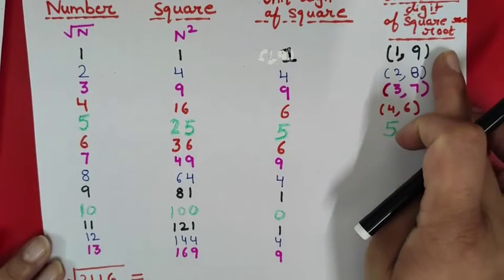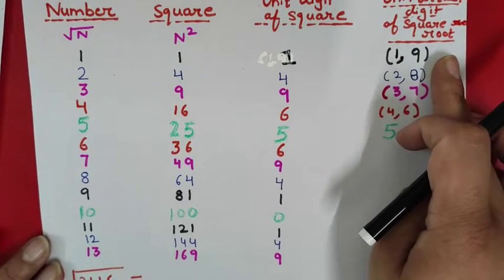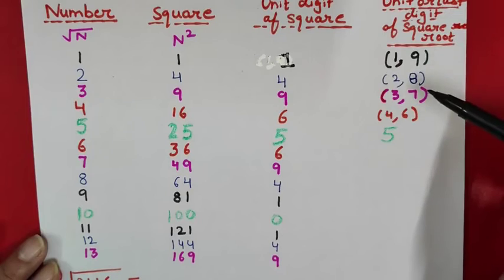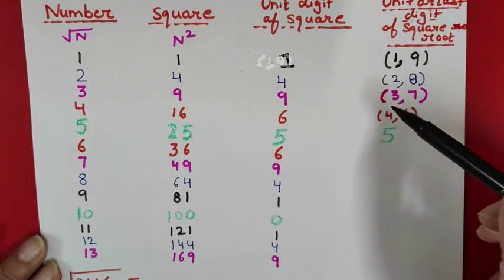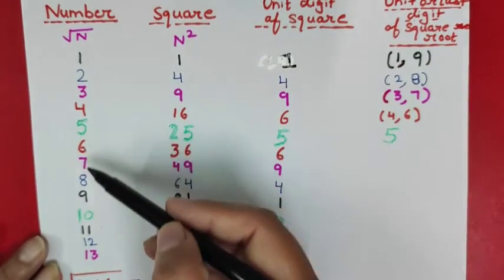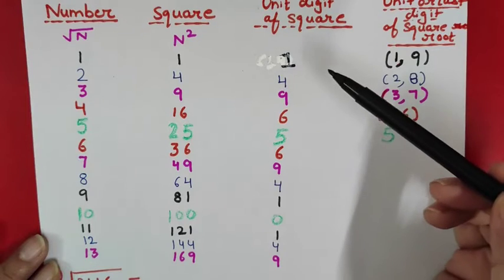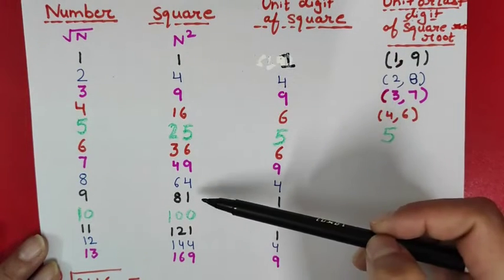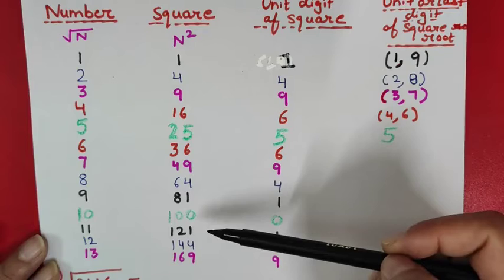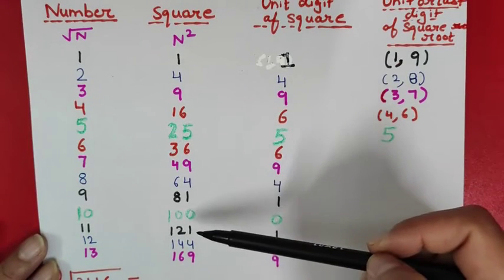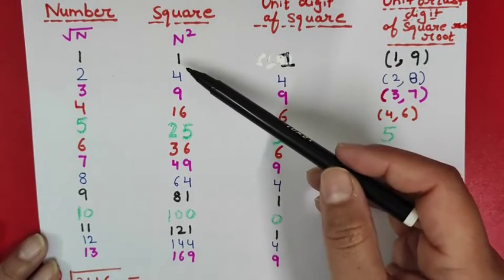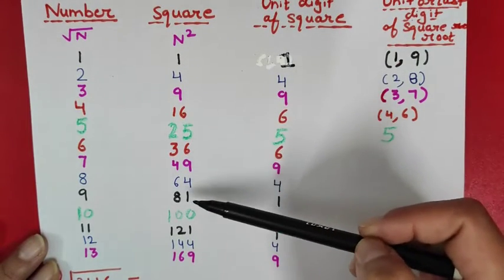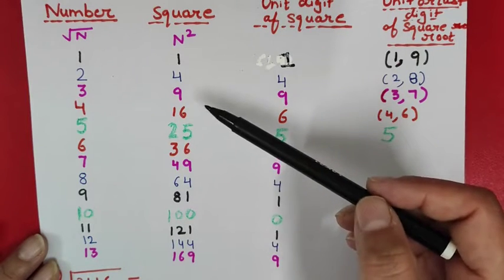Now be very careful about what I am going to tell you. This is the base of this method. This is the column of the last digit of the square root, right? See the numbers I have written in black. 1 square, 9 square, 81, 121. All these squares have their unit digit or last digit as 1, right?